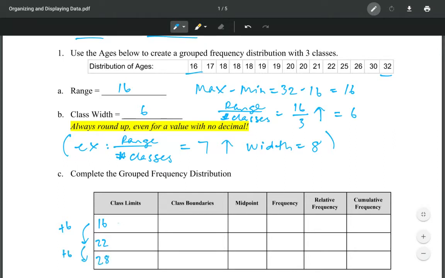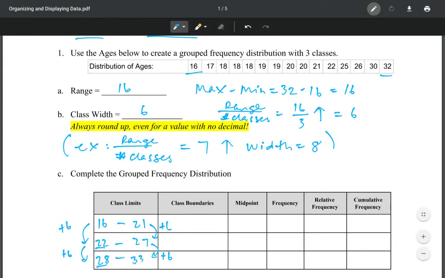To get my upper class limits, I'm going to backfill. To get to 22, I would need a 21 before that. To get to 28 in the last group, I would need a 27 before that. Notice how here I'm also adding 6 each time. So to get to that last class limit, I add 6 again, and that would be 33.